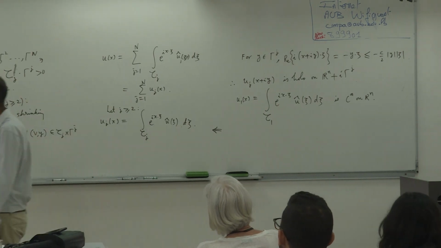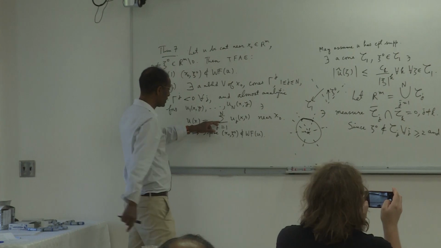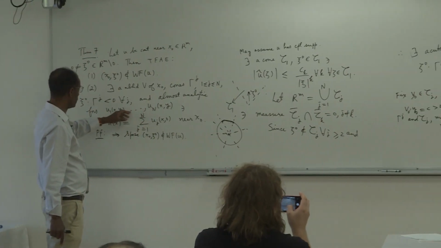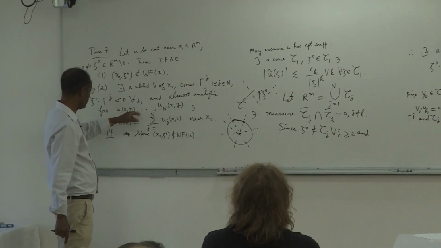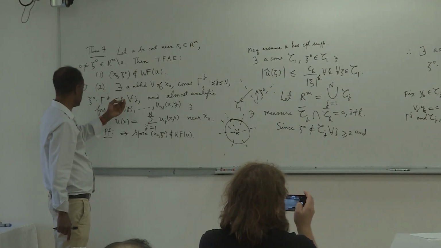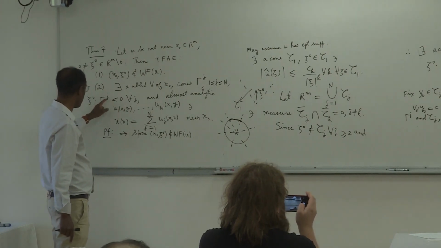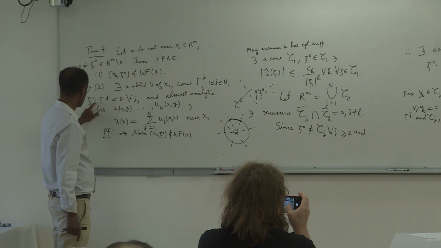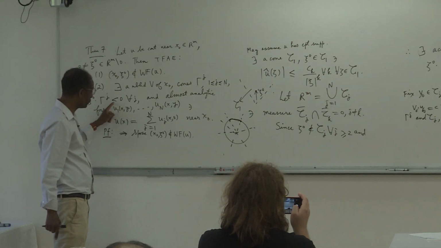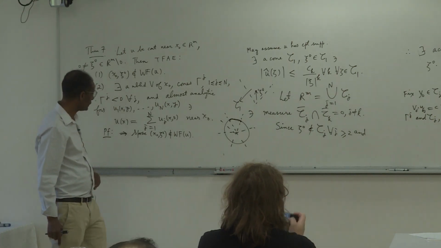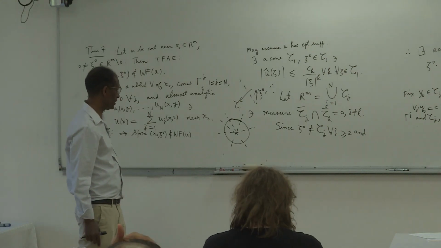So next, let me prove the converse direction. Suppose u is a boundary value of functions which are almost analytic. Each of them is almost analytic in certain wedges, namely in wedges where the directions gamma j dot c naught is negative. I want to prove that (x naught, c naught) is not in the wavefront set.